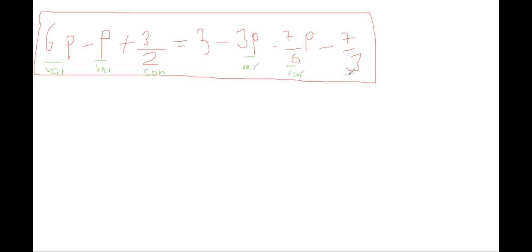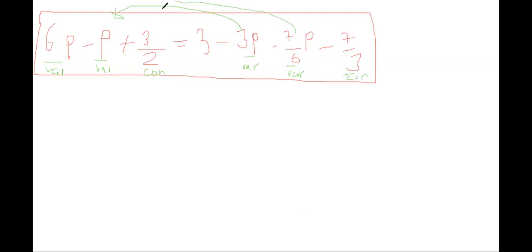So here we have a constant. So what we will do, we transfer all the variables to the left-hand side of the equation, and we transfer all the constants to the right-hand side of the equation. So meaning that this has to go, and this has to go as well.